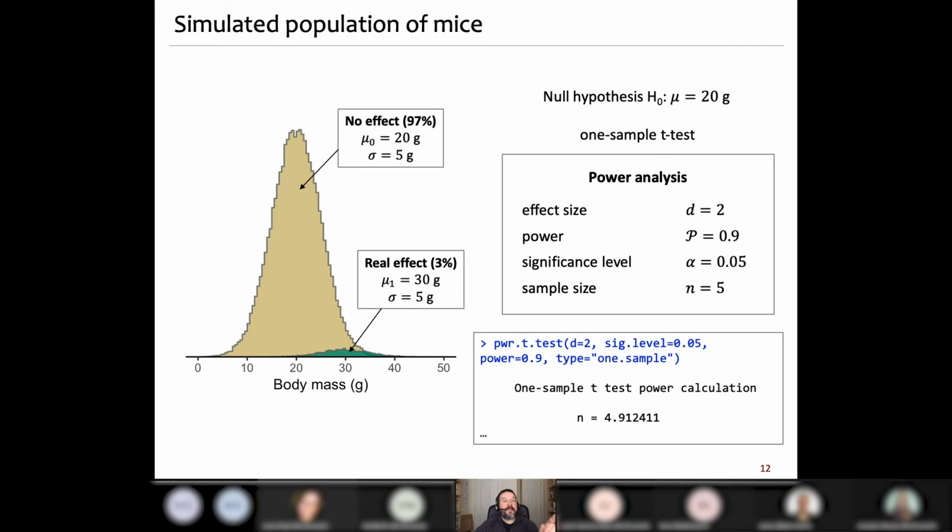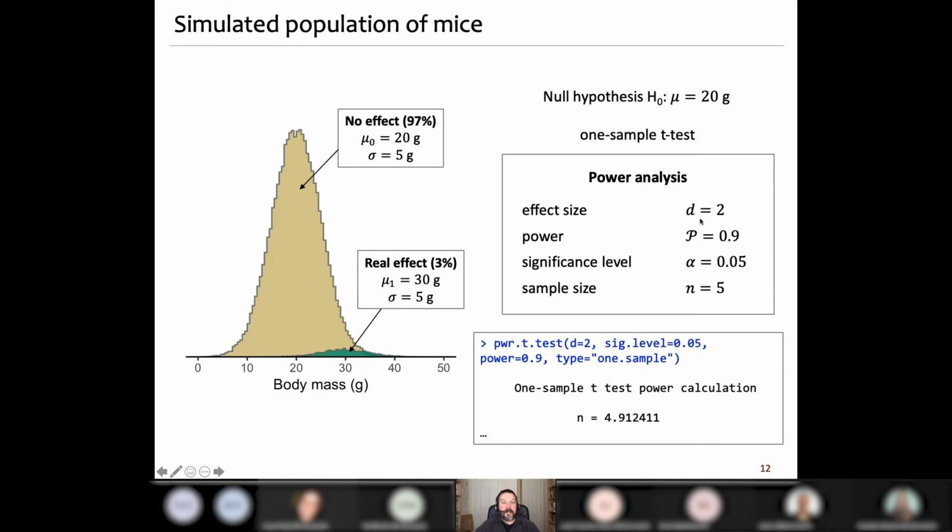We are going to do a one-sample t-test against the null hypothesis that the mean is 20 grams. First, we need to find the correct sample size, so we do a very quick power analysis. We want to detect the effect size of 2. This is Cohen's d, 2, which is the difference between the means, 30 minus 20, divided by the standard deviation, which is 5.